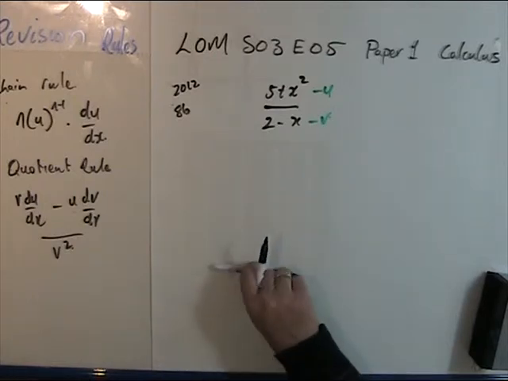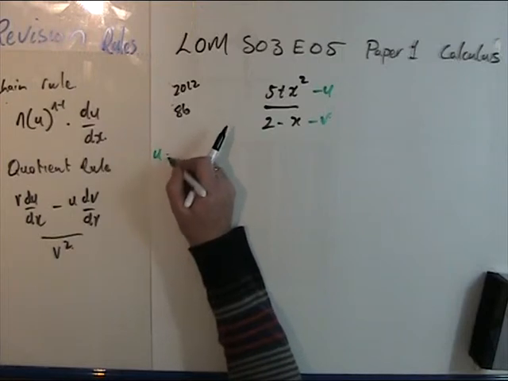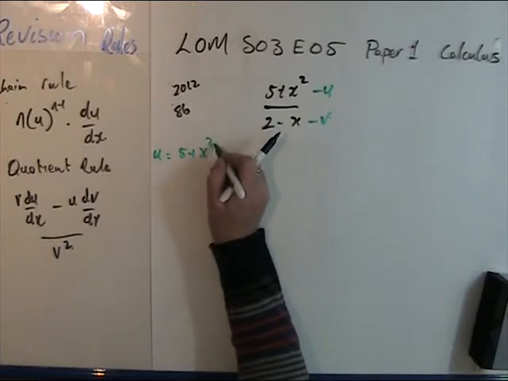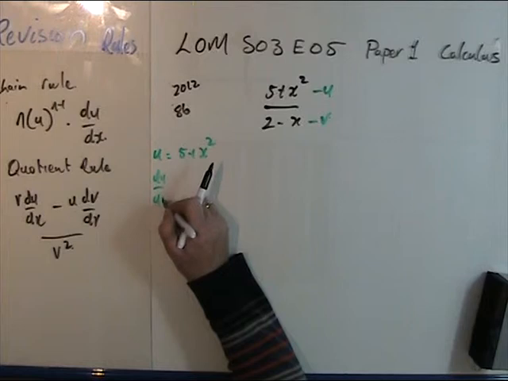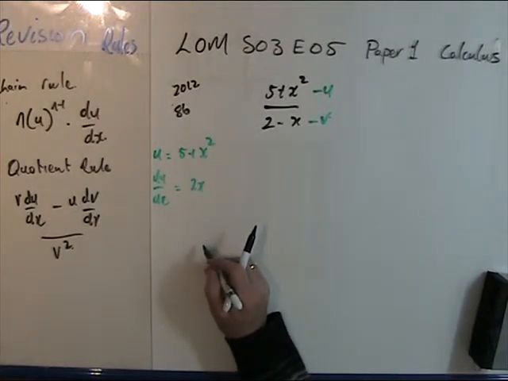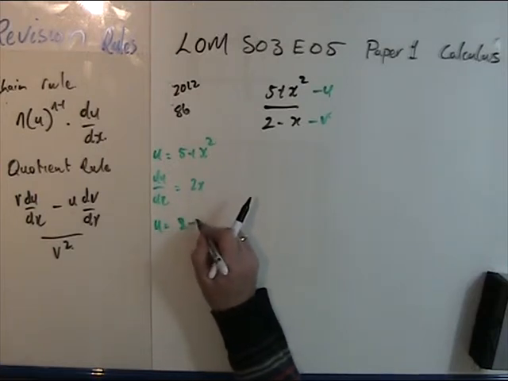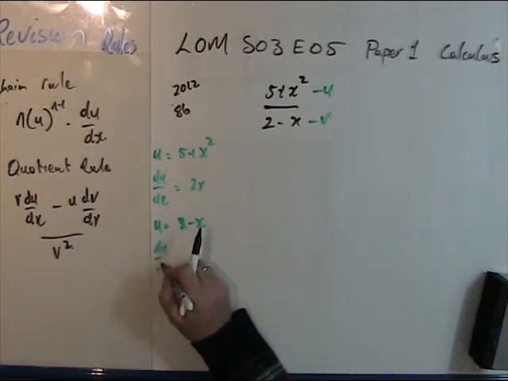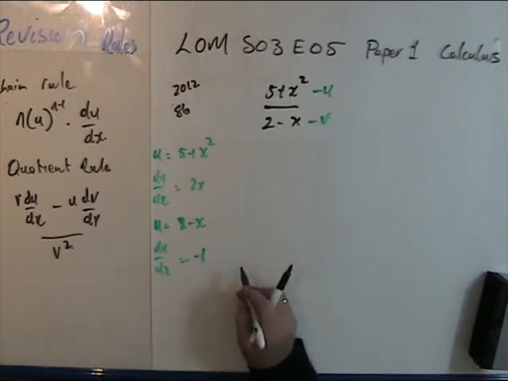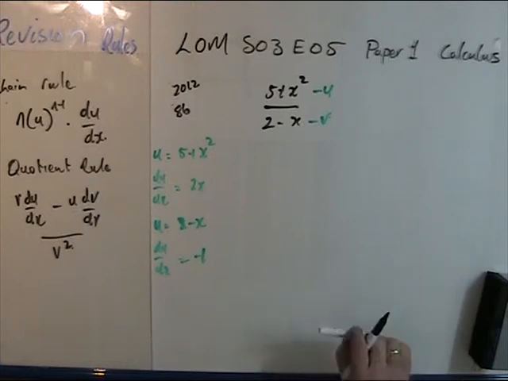So u is equal to 5 plus x squared, du dx is equal to 2x. v is equal to 2 minus x, dv dx is equal to minus 1. And now you just put them into the formula.